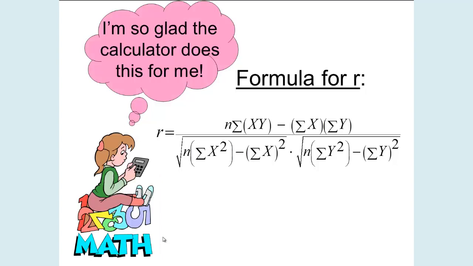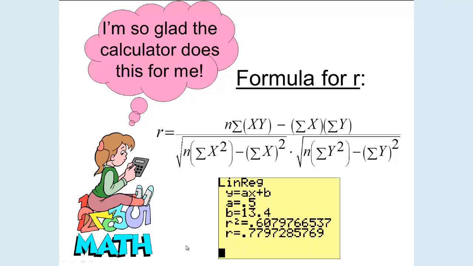I am so glad that the calculator can do this for you. We can get this r from our TI-83 or 84 calculators. Notice that the calculator screen will give us r and r squared, and we will talk about both of these numbers in our PowerPoints and videos, and what each of those numbers describes for us.